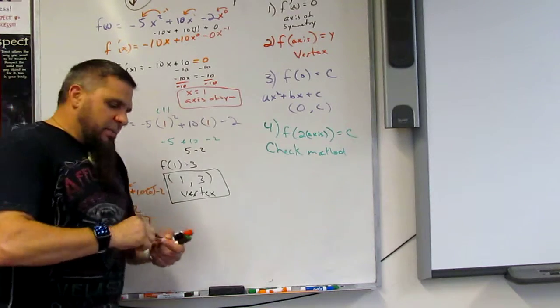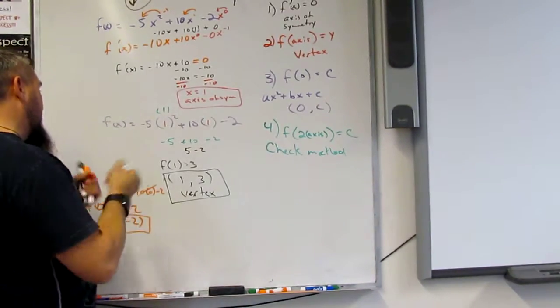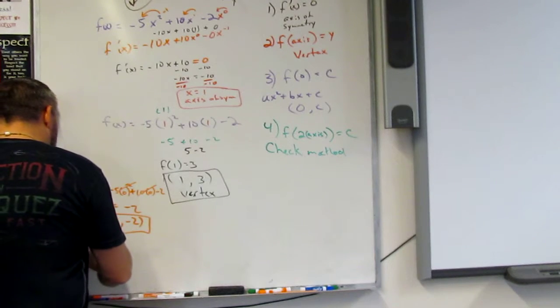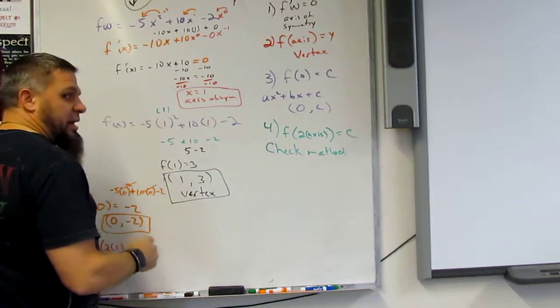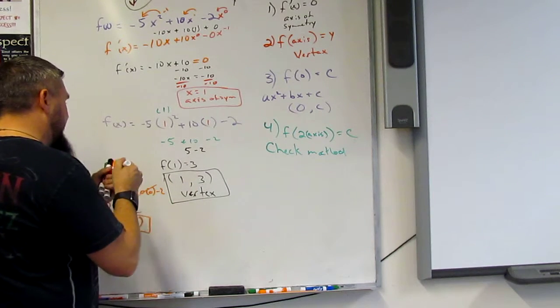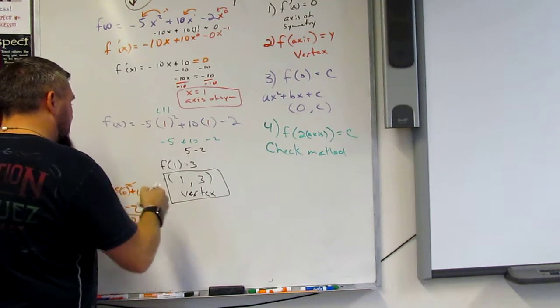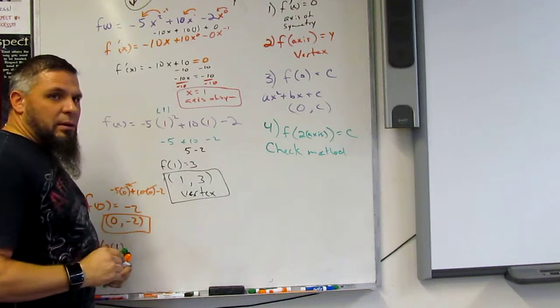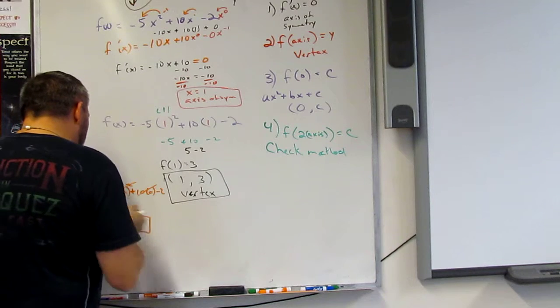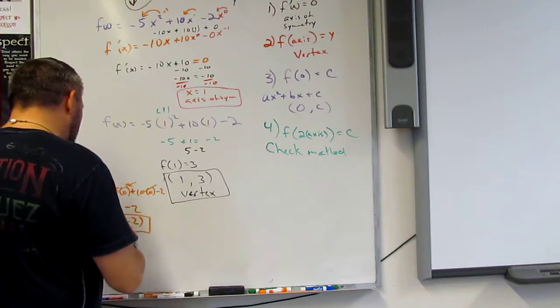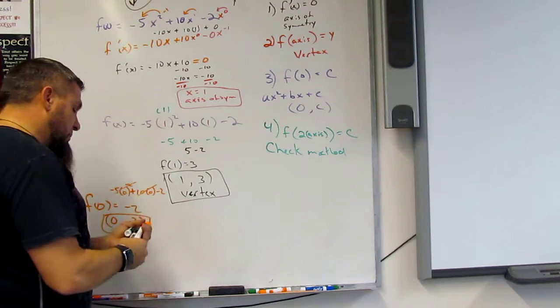Okay? Now my other point is f of 2 times the axis, and the axis is 1, right? I'm getting that 1 from right here. Okay? And so, at that point, I just have 2 times 1 is 2.